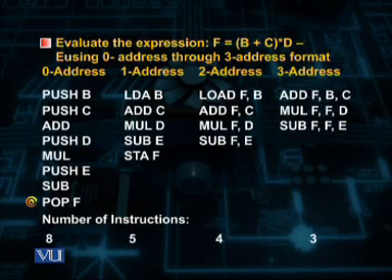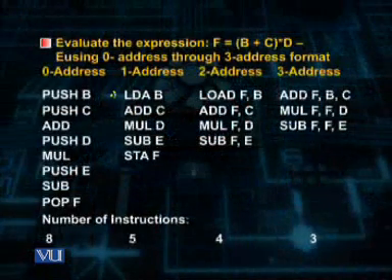So this way you can see that the 0 address instruction word format needs 8 instructions in total. Whereas if the same expression is to be executed by the 1 address instruction word format, then one of the operands in these types of instruction words has to be first made available in the accumulator before issuing the instruction.